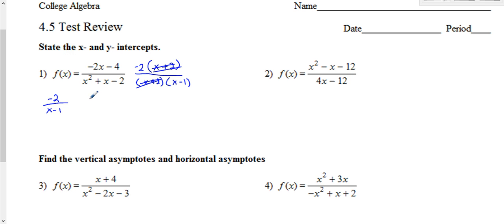For my x-intercepts, I set the numerator equal to 0, and I have -2 equal to 0. Well, that's not possible. So therefore, there are no x-intercepts.